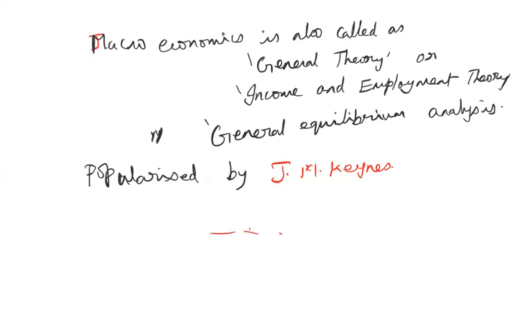And then just one small topic is left over in the subject matter or nature and scope of economics. We already discussed whether economics is a science or an art. I already explained that to you. In the same way, there is one more thing: whether economics is a positive science or a normative science.